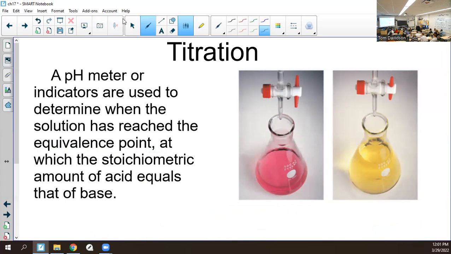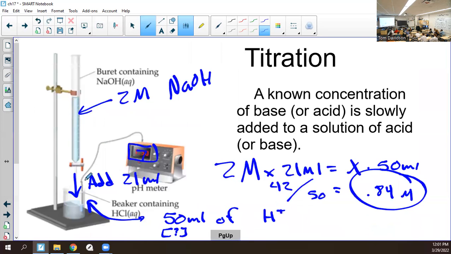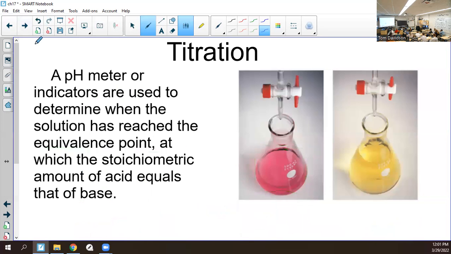A pH meter, that's what we used in the previous one. That's this thing right here. That's used, or more commonly, an indicator is used. We added bromothymol blue to vinegar, and it turned yellow, and then we kept adding base until it turned green, and we kept track of all the stuff, and we were able to pretty much discover what that was.